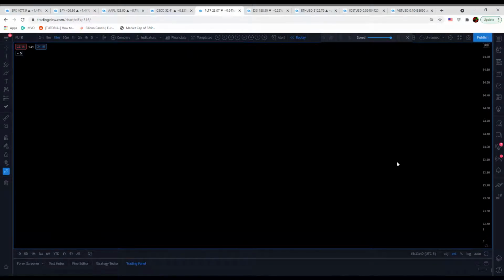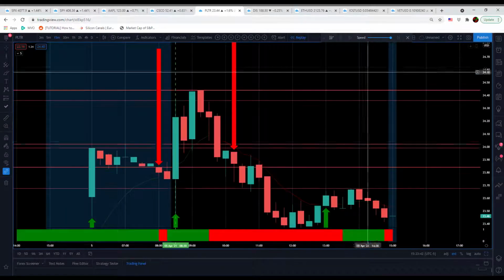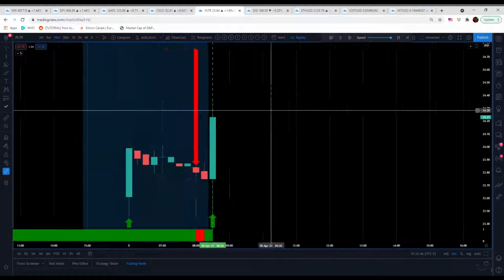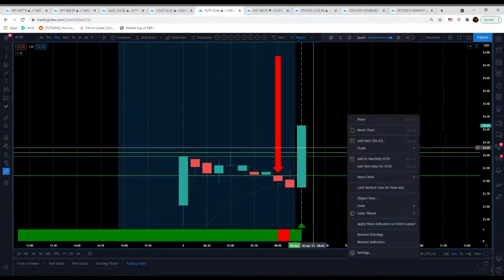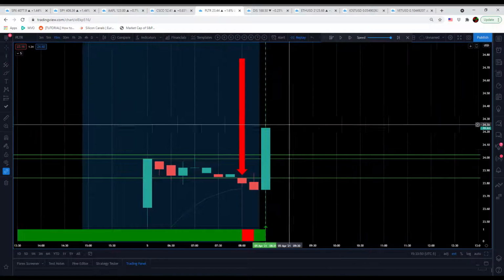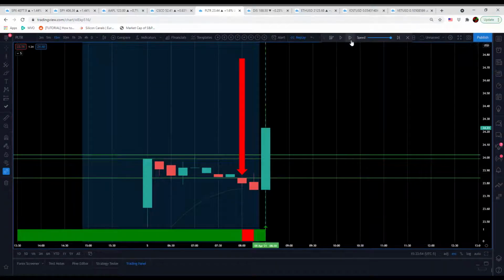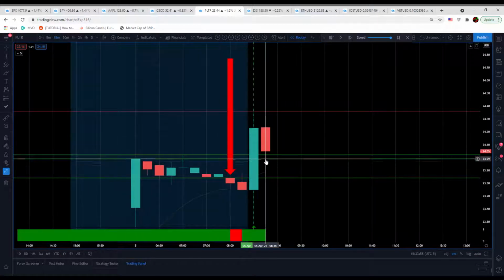Okay, where'd it go? Hold on, trying to do a replay. Alright, so when we were breaking this, we didn't have any confluence yet. So we entered in this area, on this candlestick. Then the market was moving, the next 15 minutes came out. We didn't close it here.